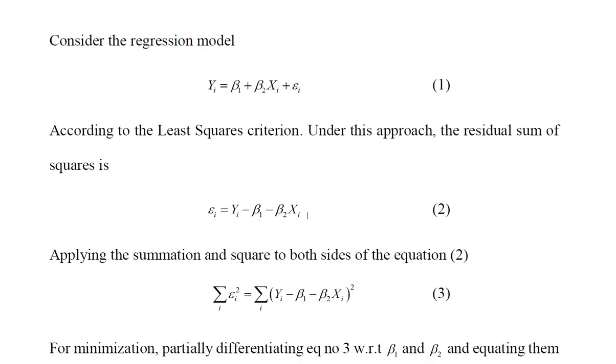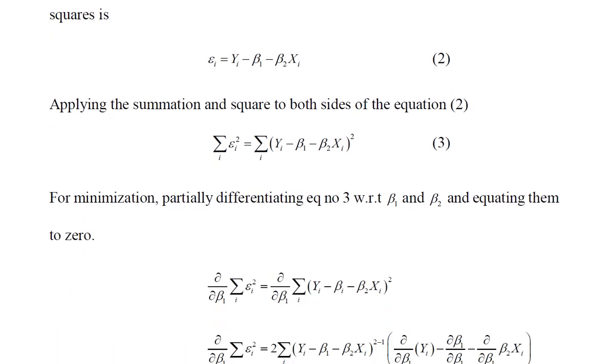So this is our equation number 2. In the next step, summing this equation and taking the square, we get the sum of squared error terms is equal to the sum of yi minus beta 1 minus beta 2 xi, squared. So this is our equation number 3.